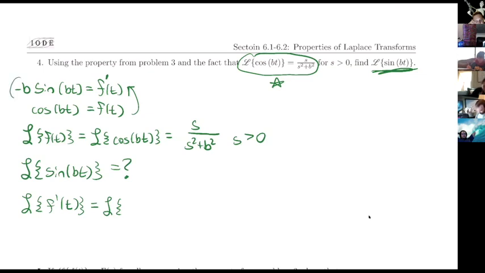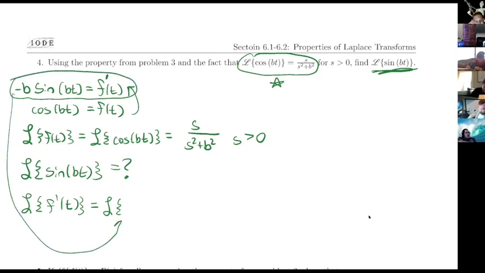And so using this property, I can find a formula for minus b times the sine of bt.